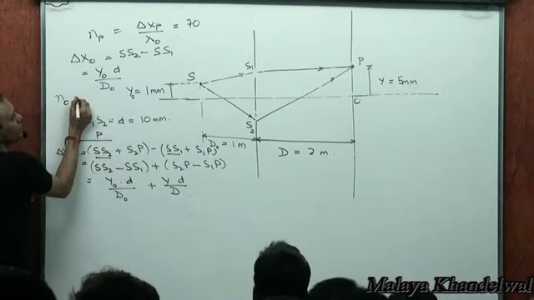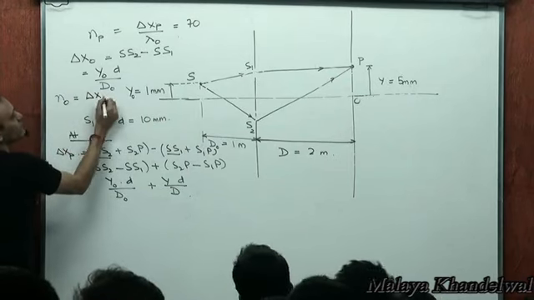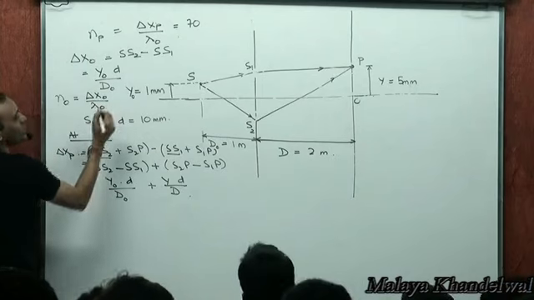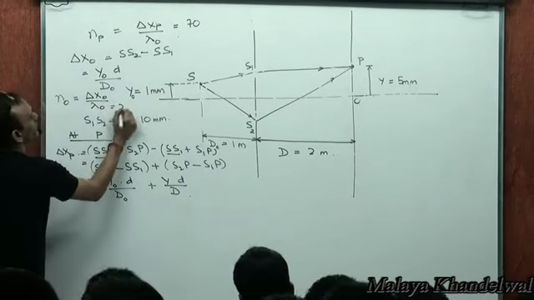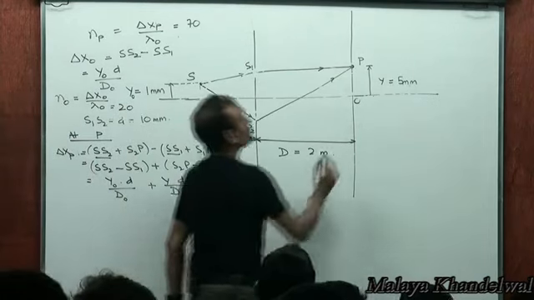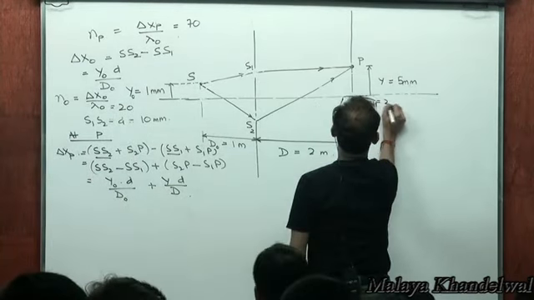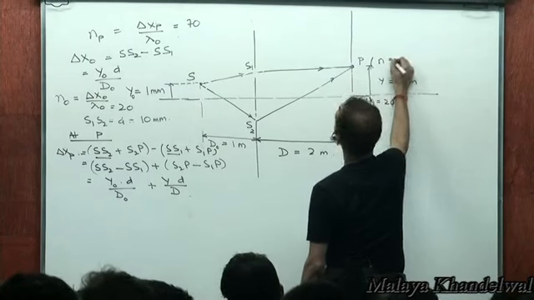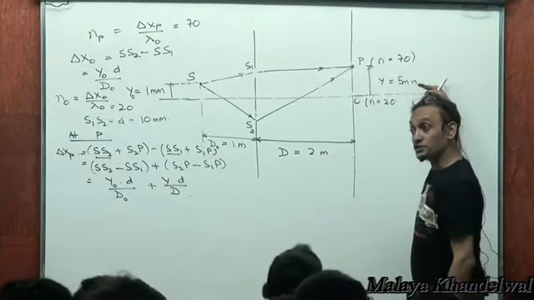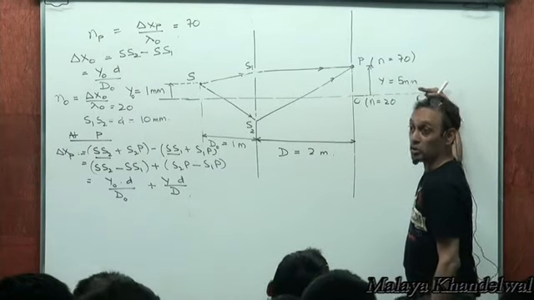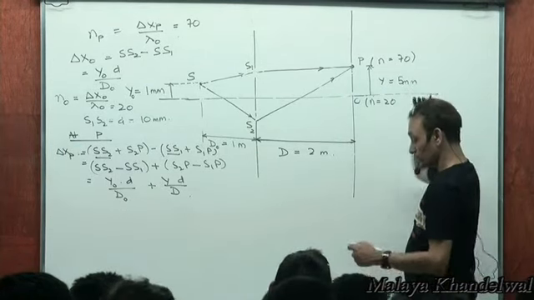So the order of interference at O is going to be delta x naught by lambda naught. Have you done this calculation? 20. Okay, so this turns out to be 20. That means this is n equal to 20, this is n equal to 70. Both are bright fringes, of different orders, right?